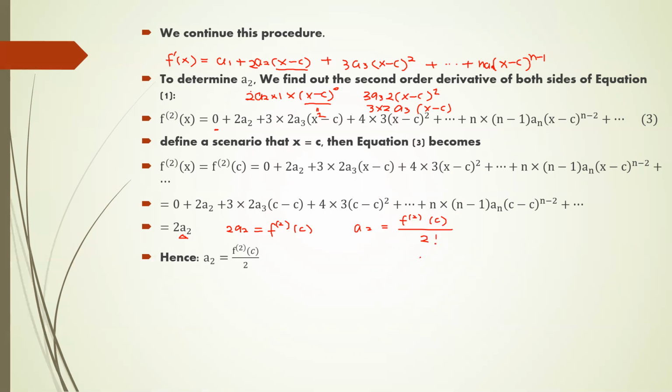Factorial of 2 equals 2 times 1, which equals 2. So this f2c is the second order derivative of f(x) at x equals c. So now we solve a2.